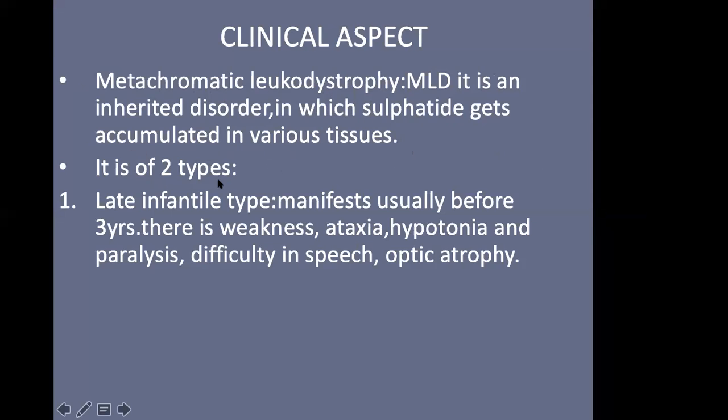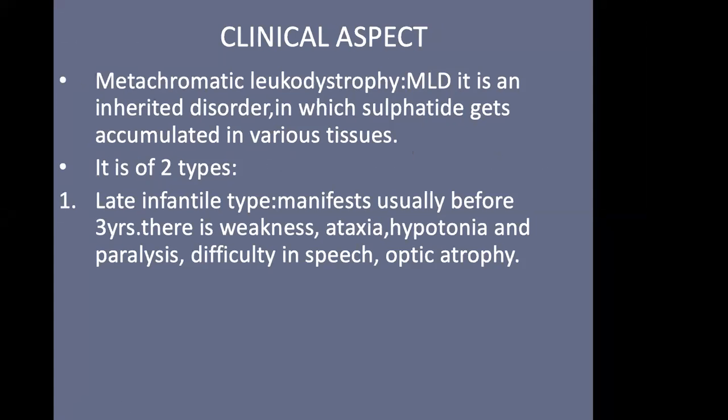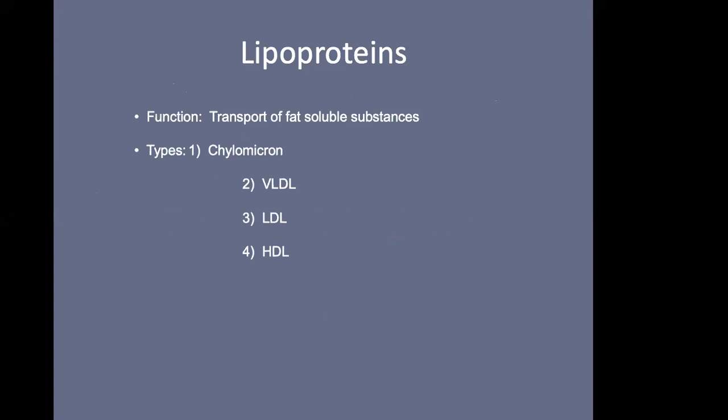It is of two types, late infantile type and adult type. The presentation will be weakness, ataxia, hypotonia, and paralysis, difficulty in speech, optic atrophy, and in adults it can present in the form of psychiatric disorder leading to progressive dementia.